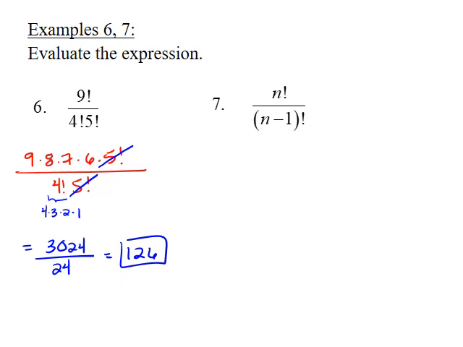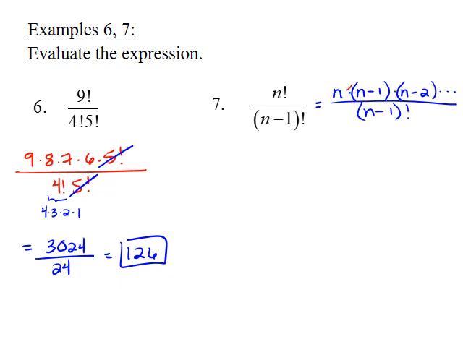Now, example 7 cannot be plugged into the calculator, but let's just think about this. If I have n factorial, this is equal to n times n minus 1 times n minus 2, so on and so forth, over n minus 1 factorial.